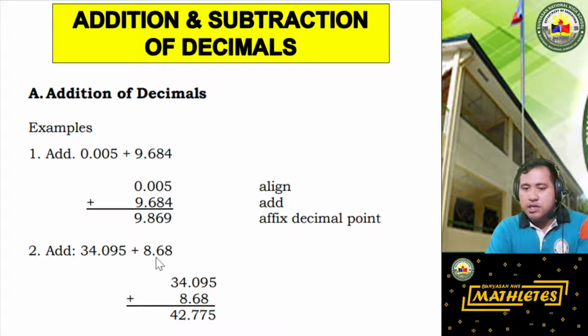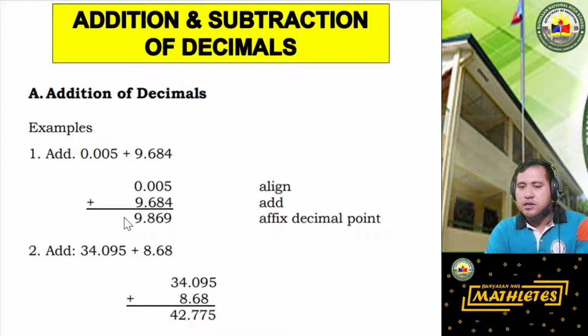Align the whole numbers, then the decimals, the decimal point and the digits after it. So 0.005 must be aligned with 9.684.